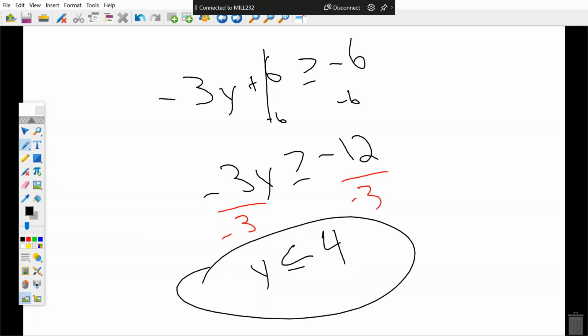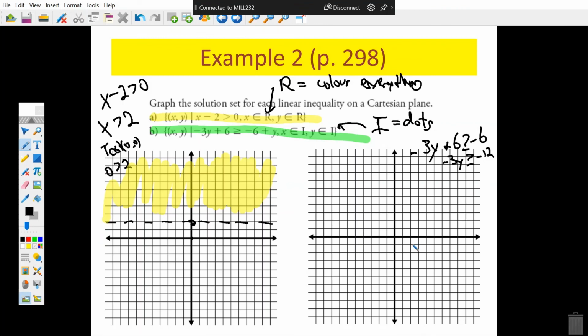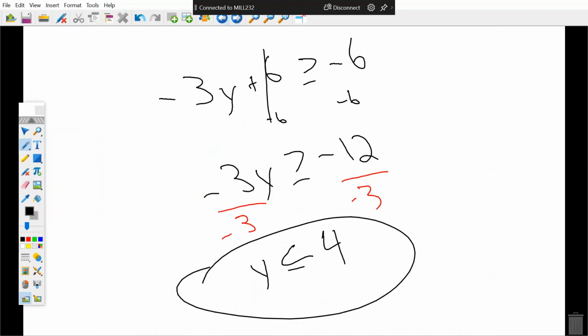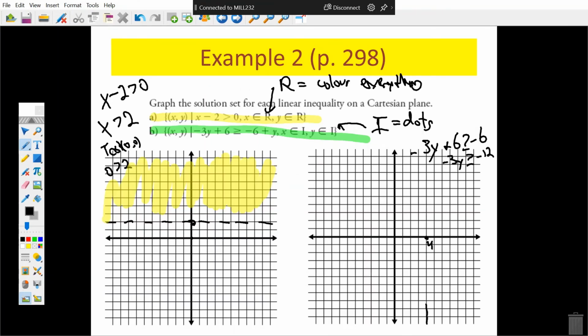So your equation is y is less than or equal to 4. Four is at 1, 2, 3, 4. It's a solid line because it says equal to.